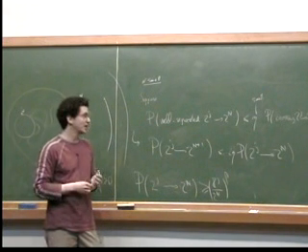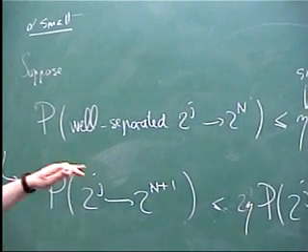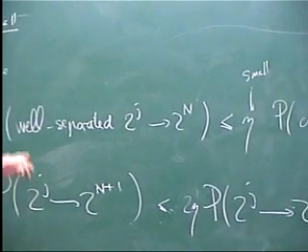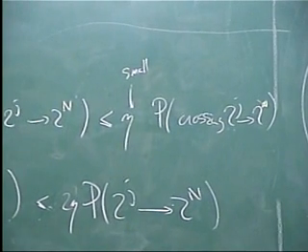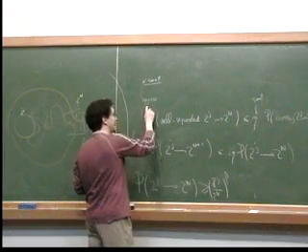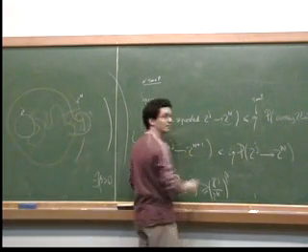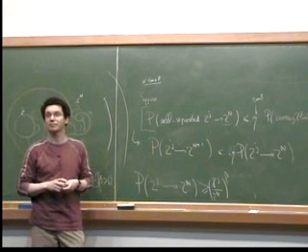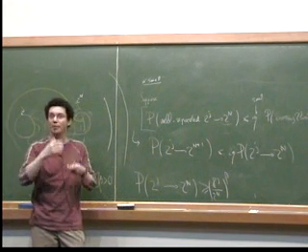So if you choose eta small enough, depending on beta, and alpha small enough, you know that this cannot hold for more than, say, 99% of the n's. Or the other way around, cannot hold for more than 1% of the n's.